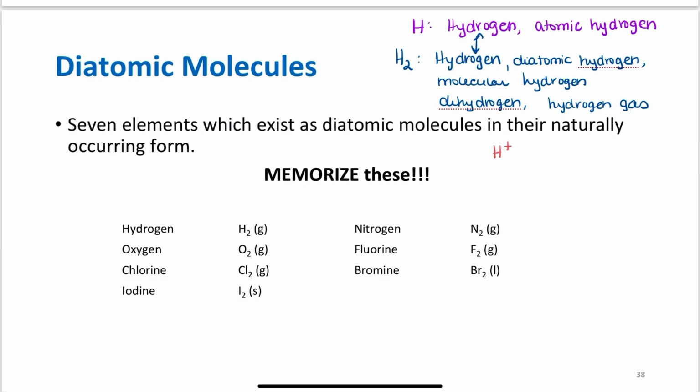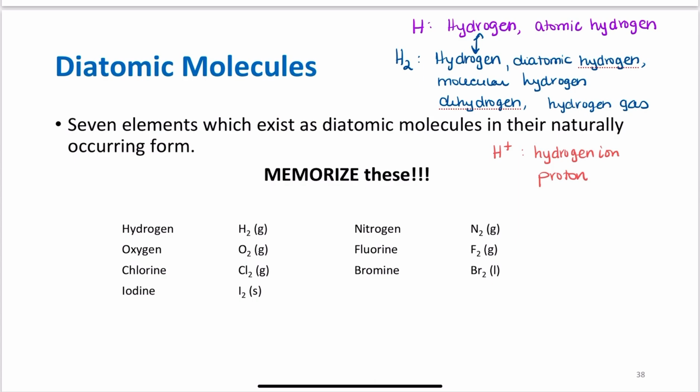If you see H plus, you can call this a hydrogen ion, just like how we name your metal ions. It's lost its one electron, and all it has left in its nucleus is a proton. We also call this a proton.